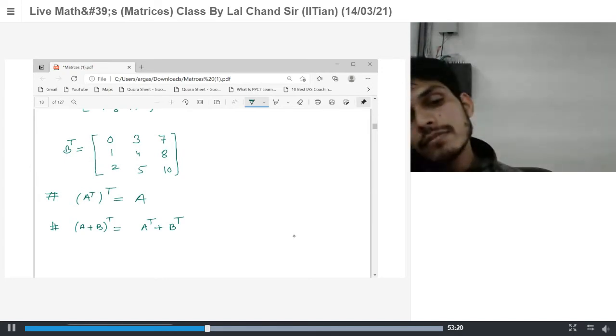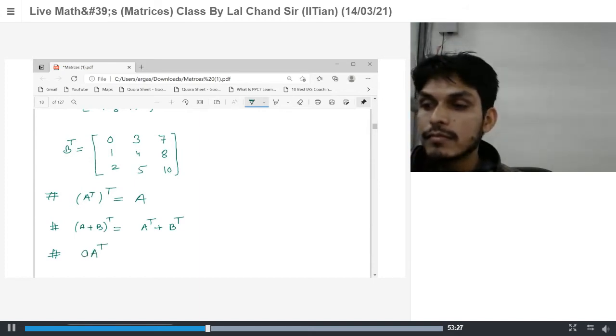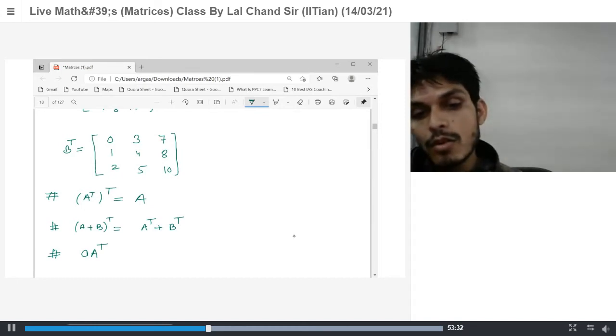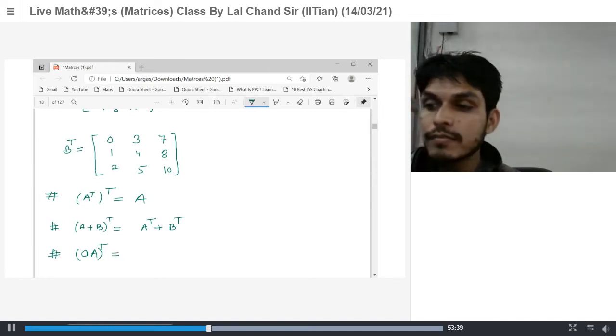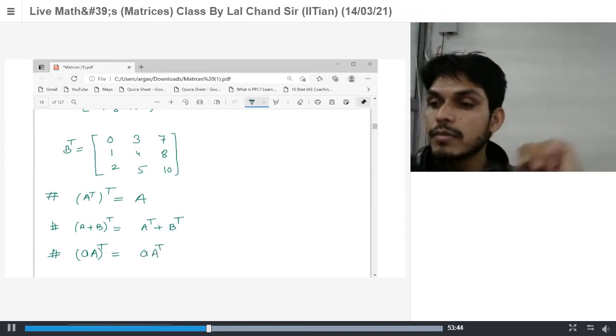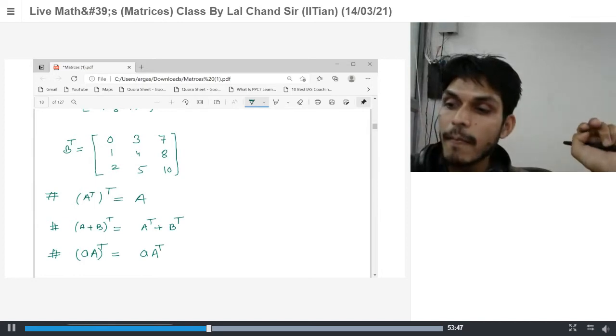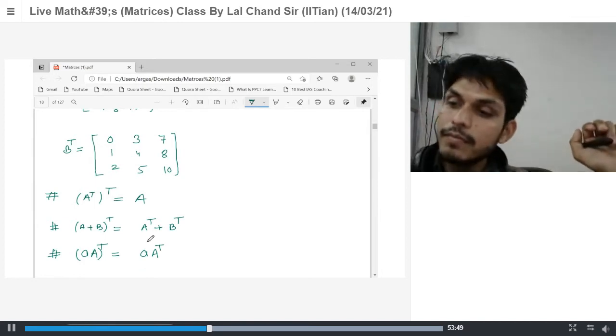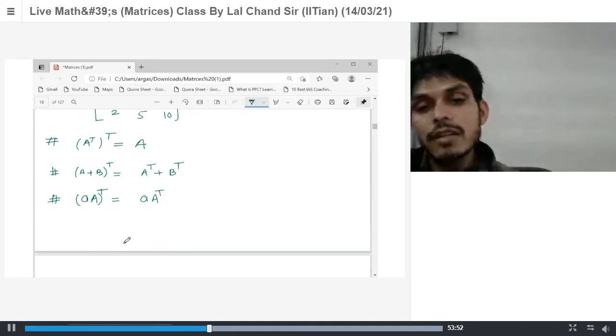Now if I have (kA) transpose, first scalar multiplication with A, then taking the transpose, so this is equal to k into A transpose. Here k is some scalar number.